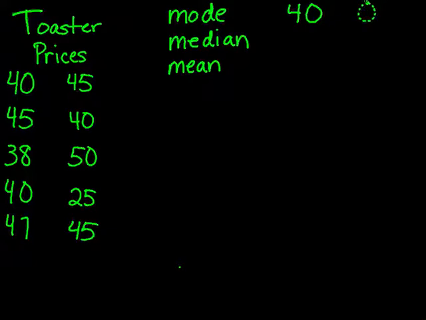And we can't do that, because if we put 0 for the answer, that's saying that there is more zeros than any other number, and obviously in our set of toaster prices that is not the case. So if there is no mode, instead of writing 0, we should write no mode, that would be an appropriate answer for that.